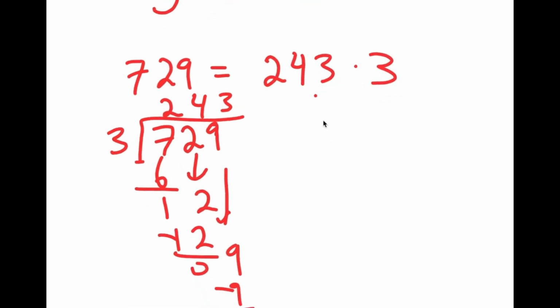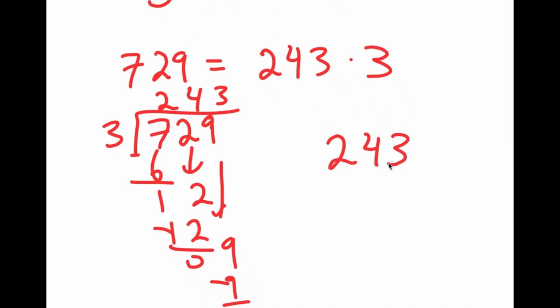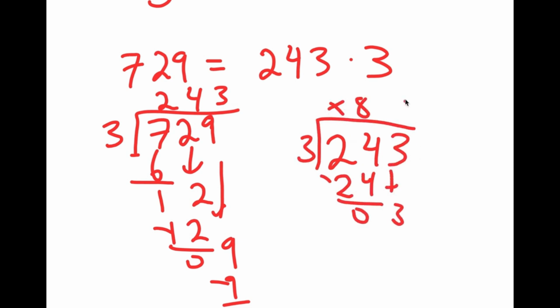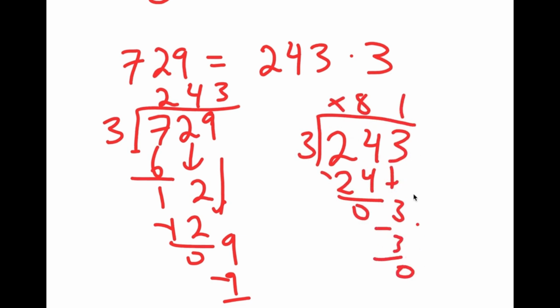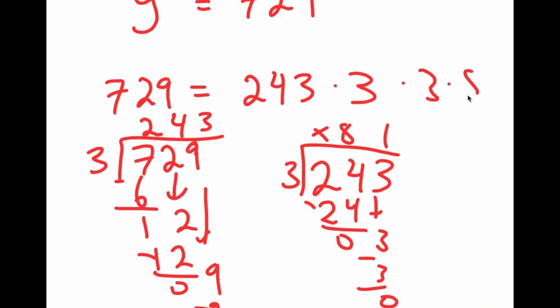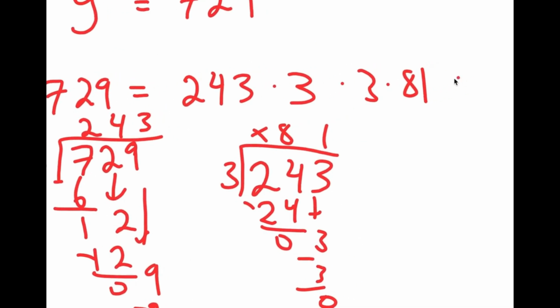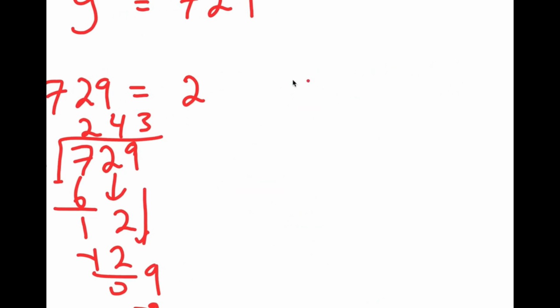Now, 243, if I divide this by 3, I get 81. So I have 3 times 3 times 81. And 81 is the same thing as 3 to the power of 4.